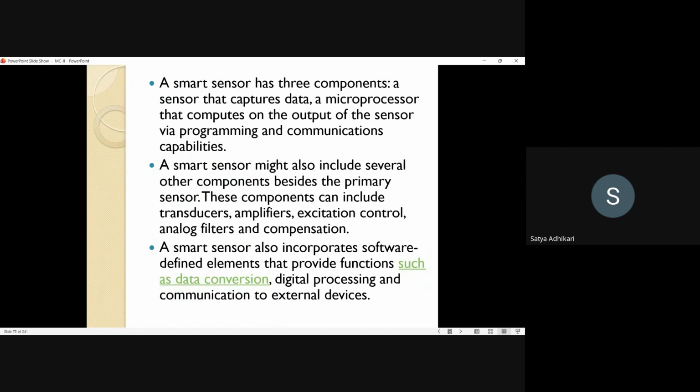A smart sensor might also include several other components besides the primary sensor. The components can include transducers, amplifiers, excitation control, analog filters, and compensation. A smart sensor also incorporates software-defined elements that provide functions such as data conversion, digital processing, and communication to external devices.